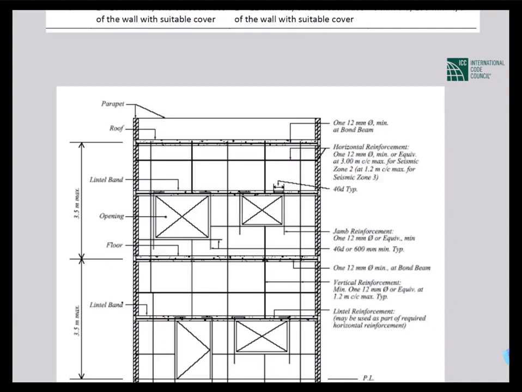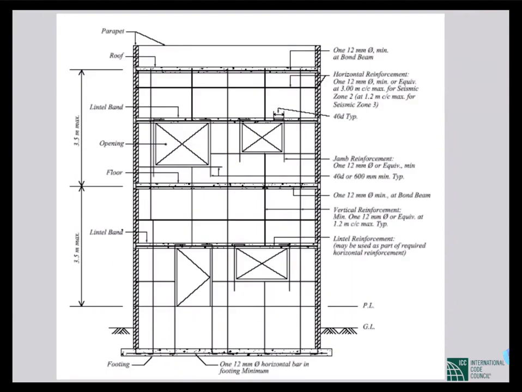So here you can see the requirements. At the floor level, it's written bond beam, which is band basically. And the spacing of horizontal reinforcements is shown. The minimum requirements of center to center spacing are given in this chart, in this figure.